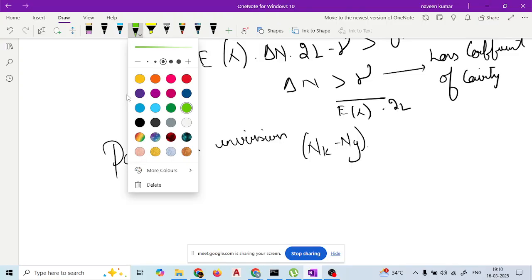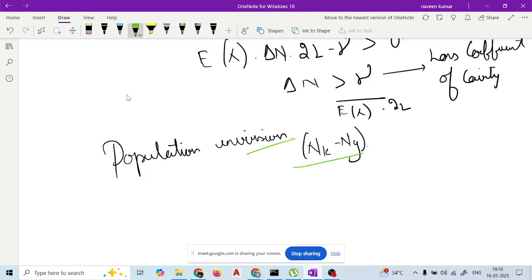So that's why the del n should be greater than lambda, the loss coefficients. The 2L is nothing but the round trip that's happening, and we need a higher amount of gain in order to overcome the losses. That's why we need to consider all of this phenomena.